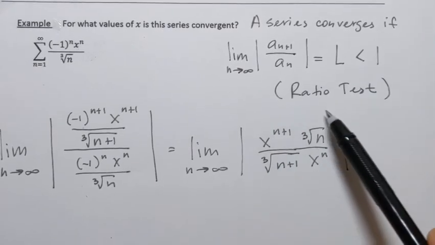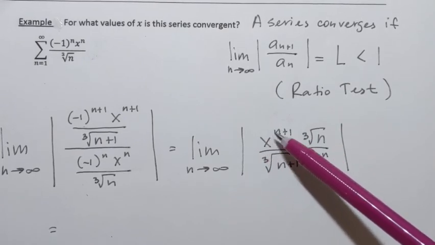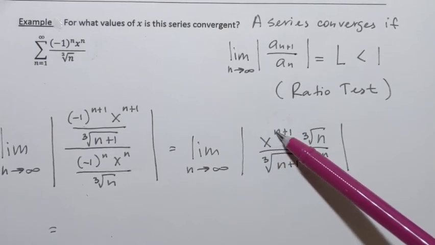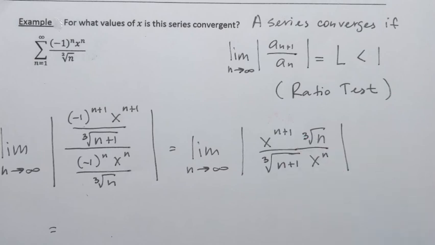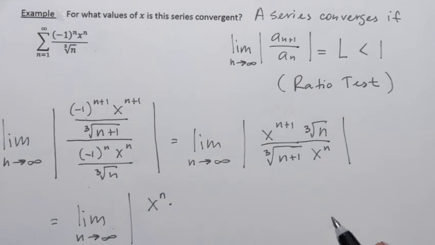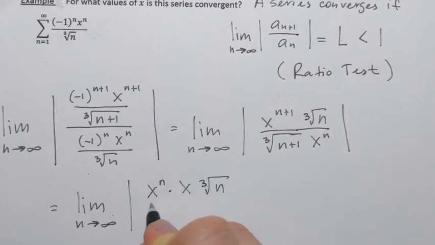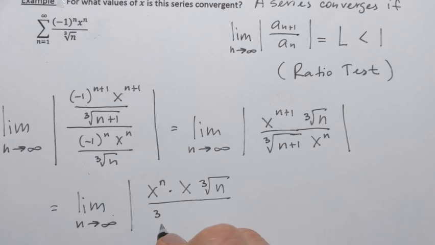Next, let's simplify this a little bit. What I can do is rewrite x^(n+1) as x^n times x^1, which is just x. So we have x^n times x times the cube root of n over the cube root of n plus 1 times x^n.